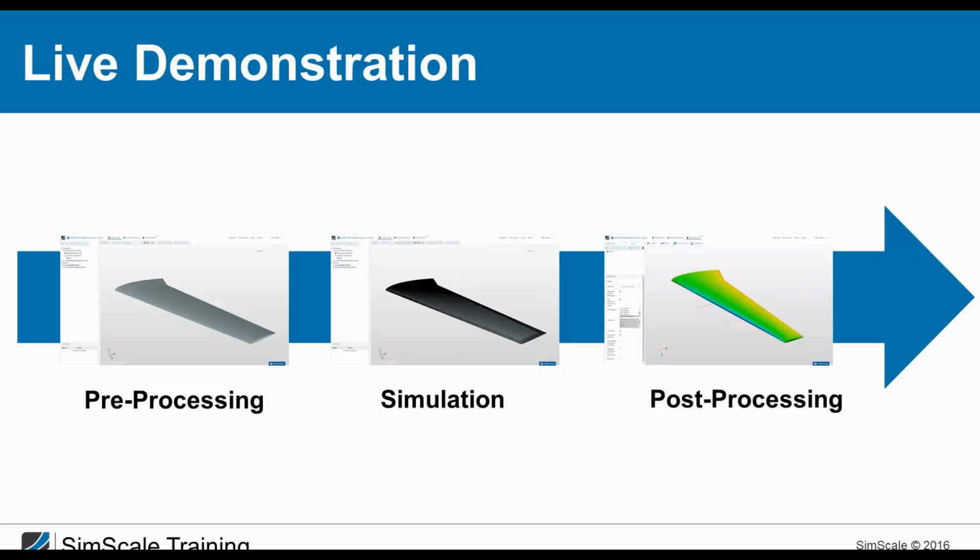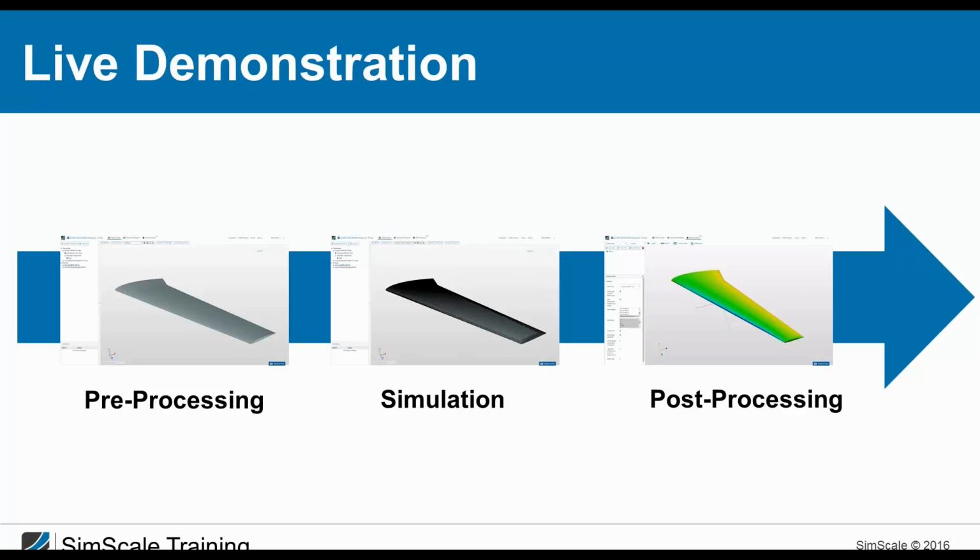And SimScale is offering various file formats for data exchange between CAD tools and our SimScale platform itself. Okay, great. Robin, did I answer your question, or is it still not really clear for you? Okay, great.